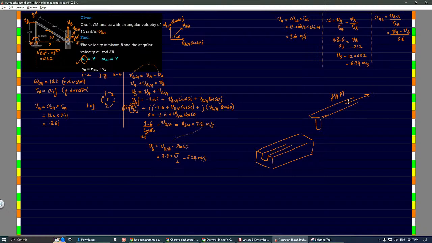This ram will be moving backward and forward, and when the tool touches this surface, it will remove the metal layer by layer. So this machine is called a shaper machine. To move this ram, we will be using the mechanism.